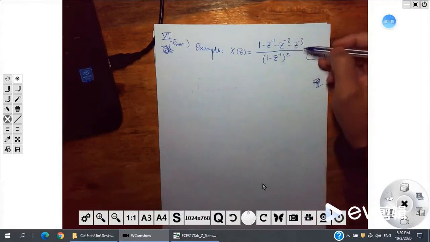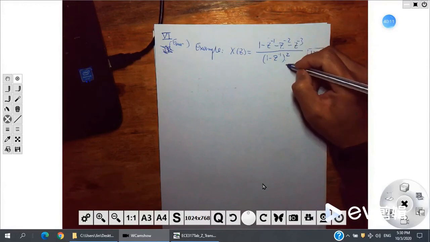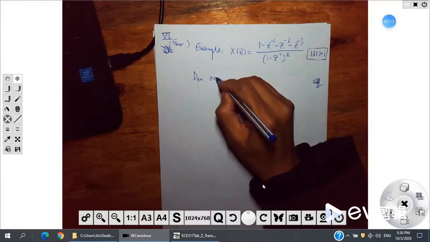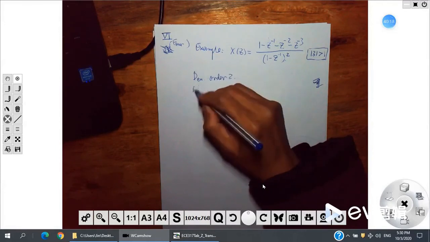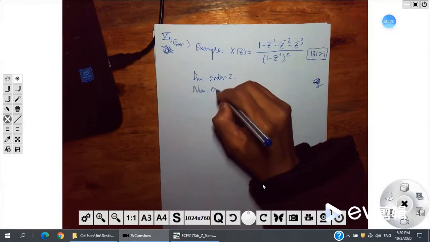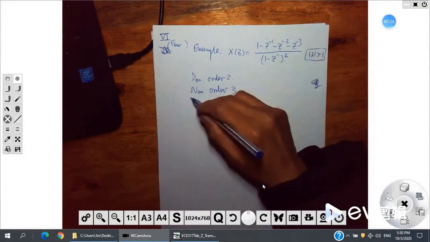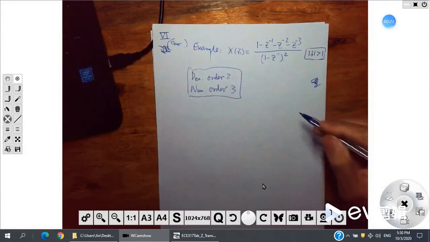Here you see, the denominator has order 2 and the numerator has order 3, right? So we have more order in the numerator.